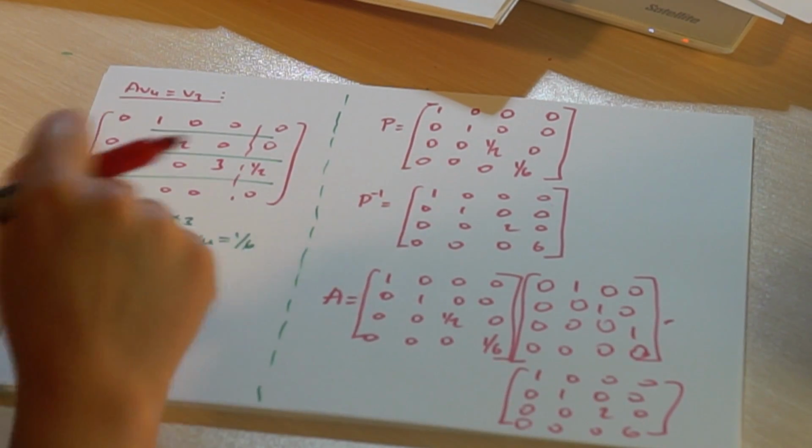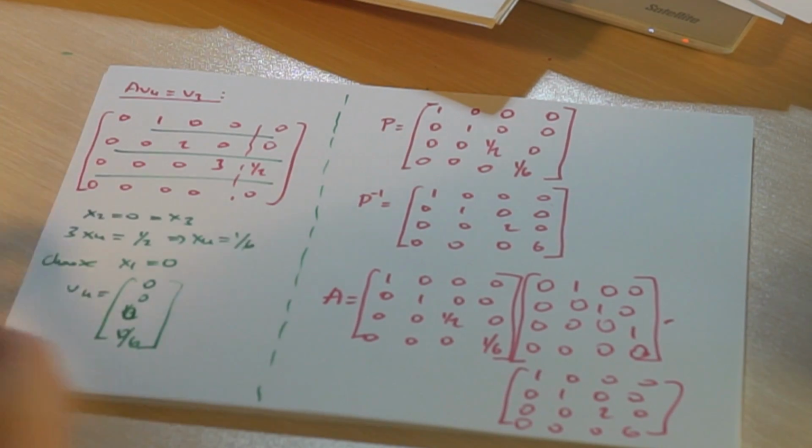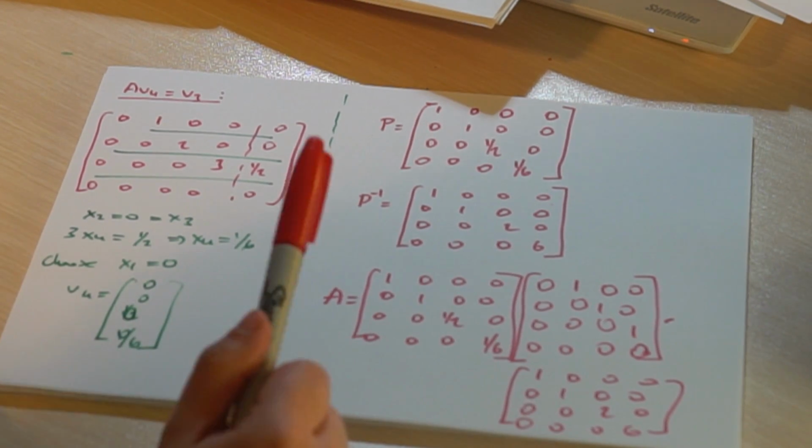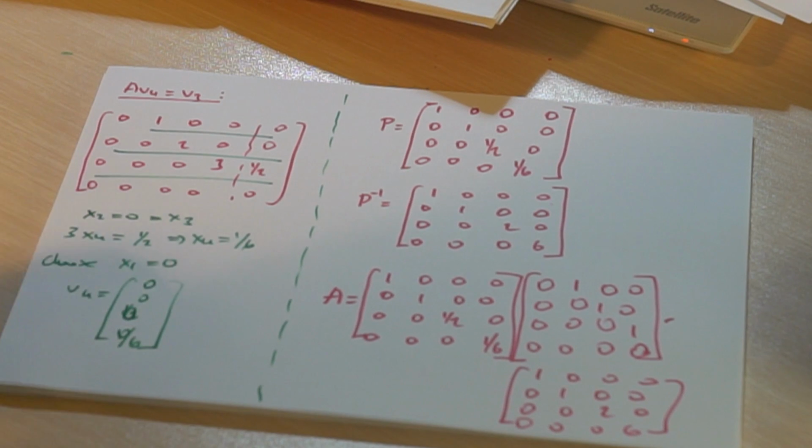If you do this computation, you will see that this multiplication will be equal to A. I will remind you again, please check that your P's and your Jordan forms are true after you solve the question.